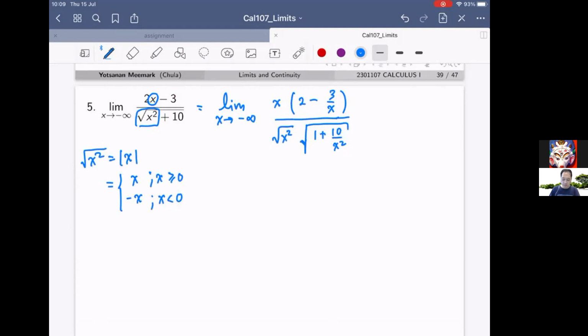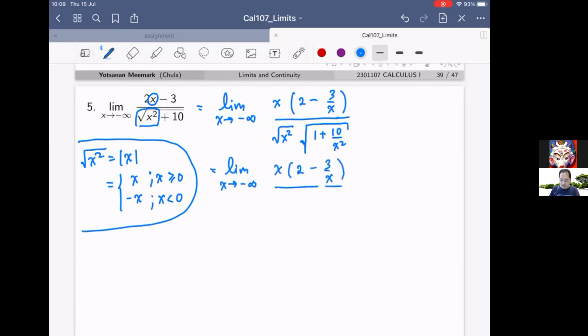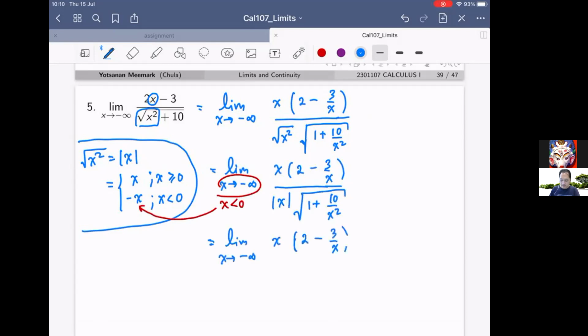So if we do it pretty clear and neat, we need to carry this one, and change this one to be the absolute value of x first. Since right now your x is negative, the absolute value of x will use this formula, so it becomes what? Negative x, and this one just carries on, over minus x, you see, and then this square root.